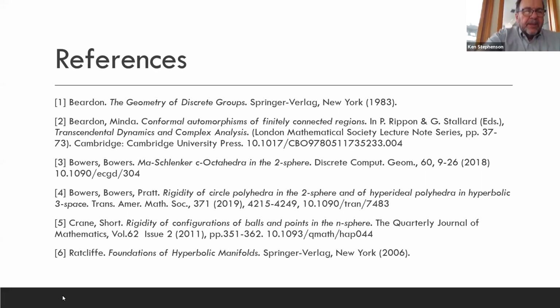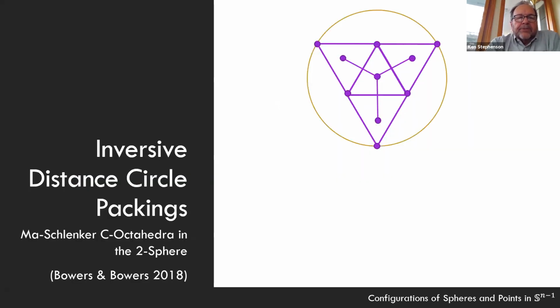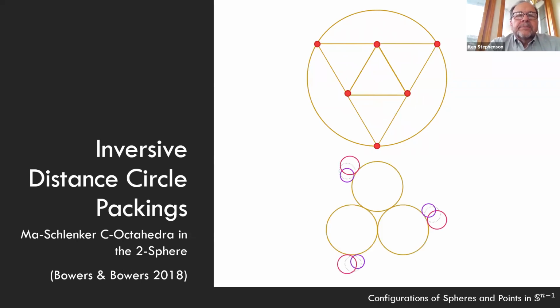So in terms of the original rigidity question for inversive distance circle packings. Yeah. So with that one pattern with 6 circles, you have certain inversive distances where it's not unique.